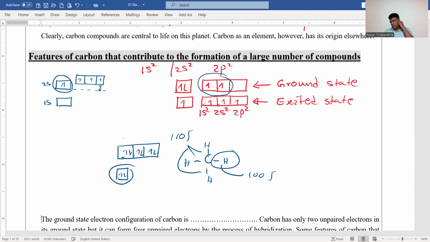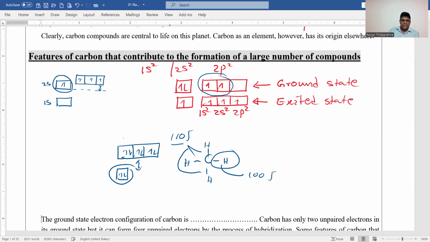But practically, if you measure the bond enthalpy, bond energy normally refers to the energy required to break bonds. So one bond can be broken giving 100 joules, but other bonds need say 110 joules because they are in a bit higher energy state. But practically all the bonds have equal energies.